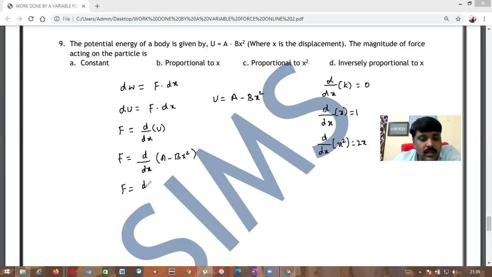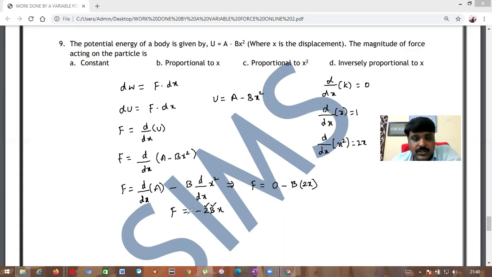F equals d by dx of A minus, let us keep B outside, B into d by dx of x square, which implies F equals d by dx of a constant, which is 0, minus B into d by dx of x square. As I told you previously, it is 2x. Hence, we get the value of F as minus 2Bx.